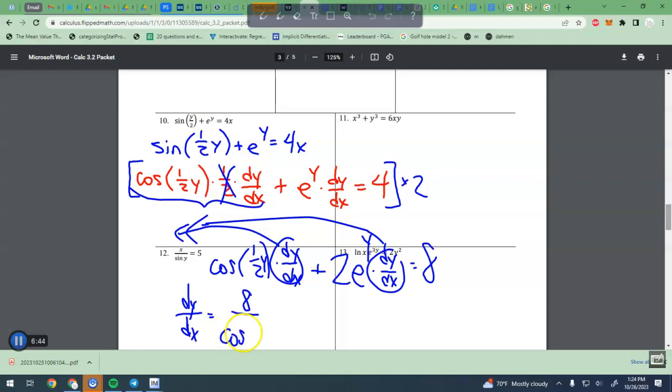So here I'm going to have cosine of 1/2 y plus 2e to the y. So if I were to write that stuff instead out, I'd have dy dx pulled out, cosine of 1/2 y plus 2e to the y. And then I would divide by all that stuff to make it cancel, and it ends up on the bottom of the answer.